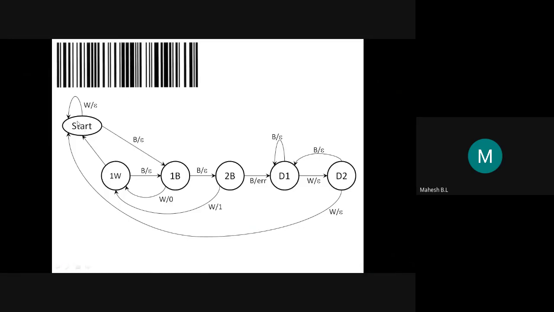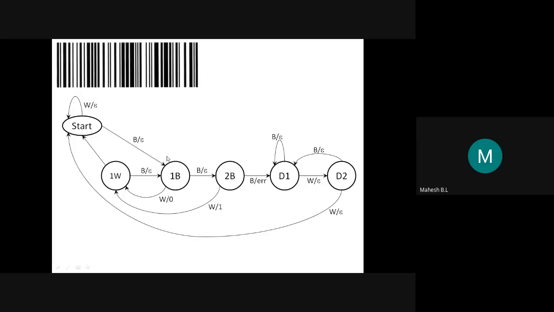So now start. At the beginning, if you have only white, you stay in the start state without producing any output. Then when black comes, if there is a single black column followed by white, you output 0. If 2 black columns followed by white, you output 1.